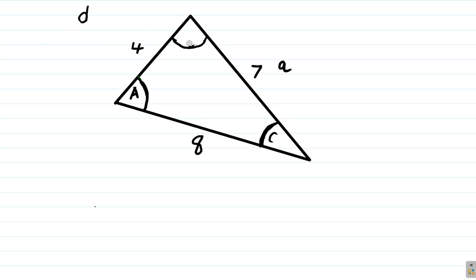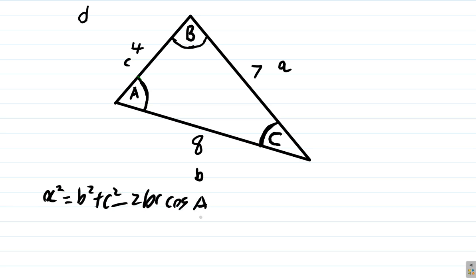This is angle big B, and this side small b. This angle big C, and this side is small c. So a squared equals b squared plus c squared minus 2bc cosine of angle big A. Remember, that's one of the forms of the cosine rule.